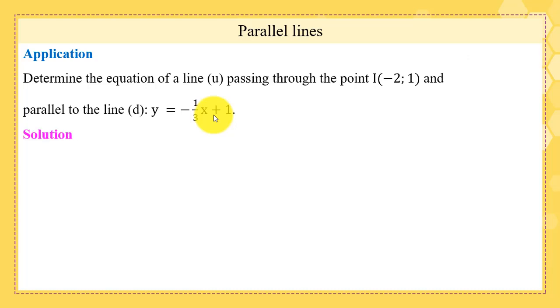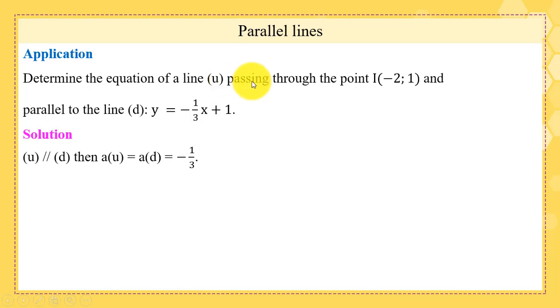Solution. Also, to find the equation of the straight line U, we must find the slope of U. And since U is parallel to the straight line D, then the slope of U is equal to the slope of D, which is equal to minus 1 over 3.